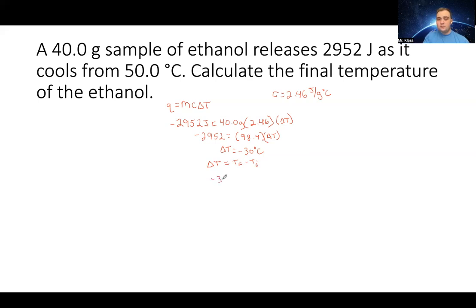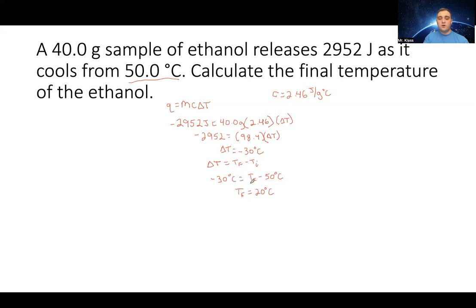So now we can plug in negative 30 degrees Celsius for the delta T that we solved for. We don't know our final temperature because that's what the question is asking for. But we do know our initial temperature, which is 50 degrees Celsius. Solving algebraically, which I'm not going to show every single step of because we should know algebra by now, T final equals 20 degrees Celsius.